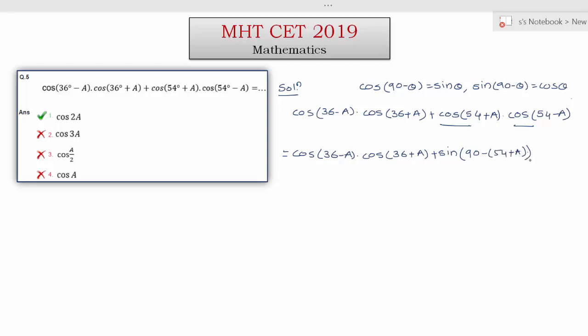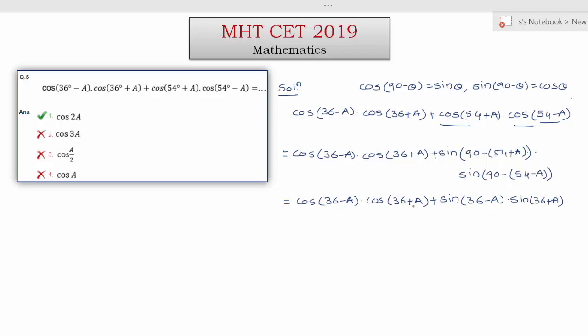Similarly, I will write cos of 54 minus a as sine of 90 minus 54 minus a. So this becomes cos of 36 minus a into cos of 36 plus a plus sine of 36 minus a into sine of 36 plus a.